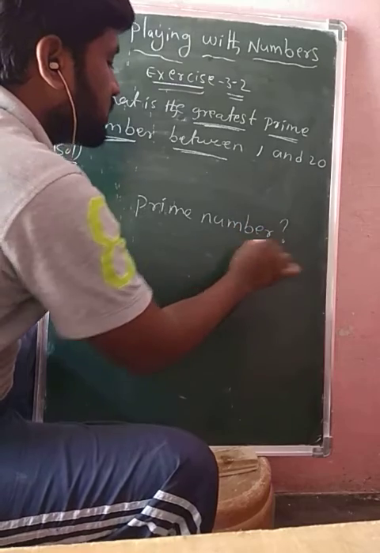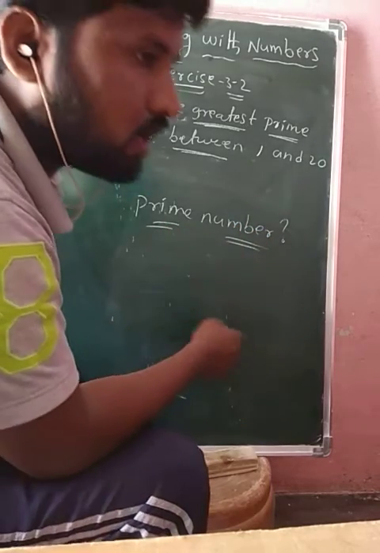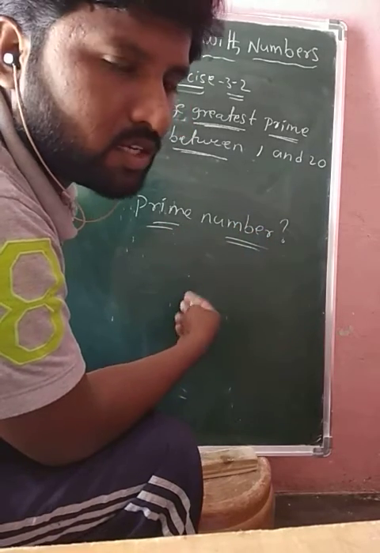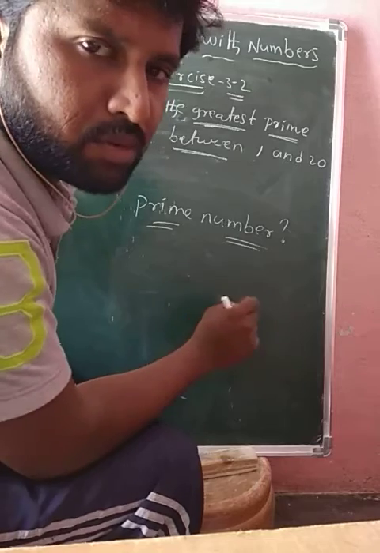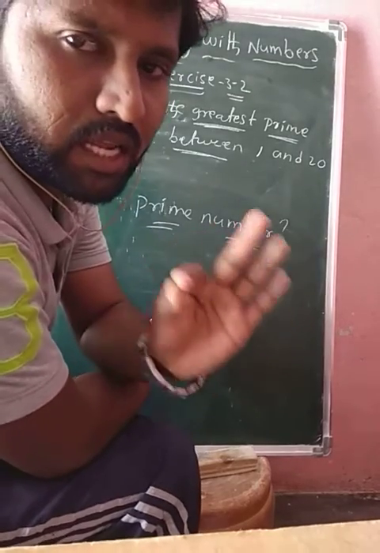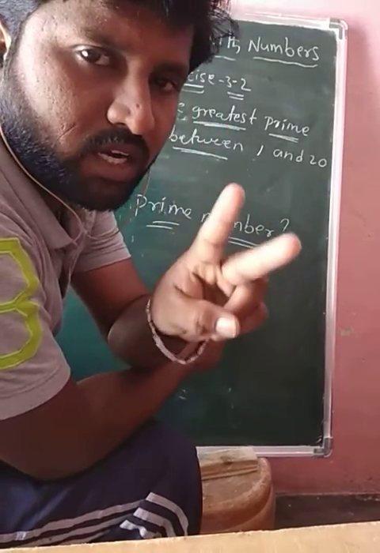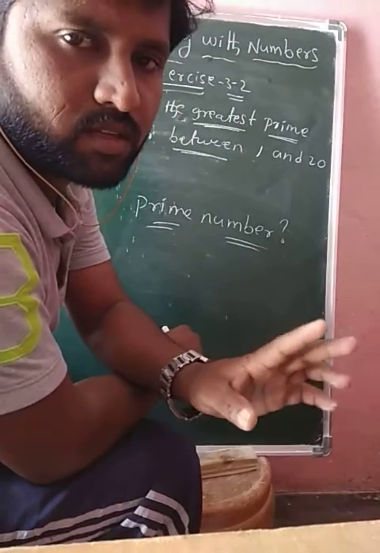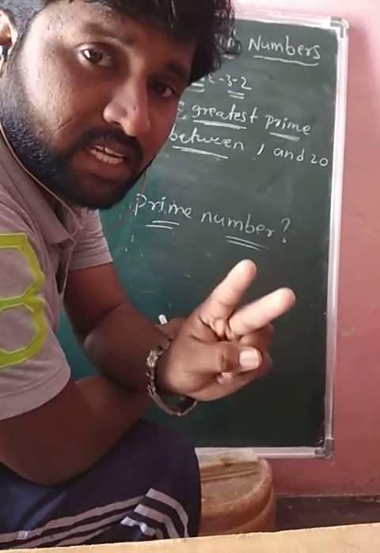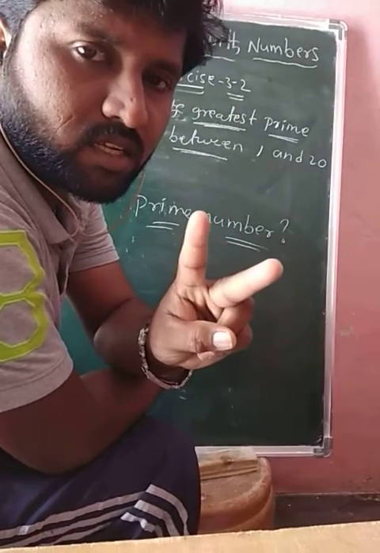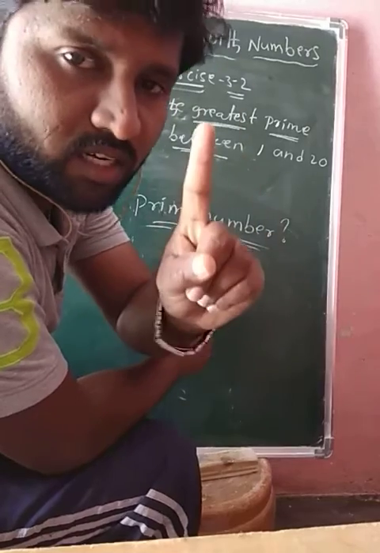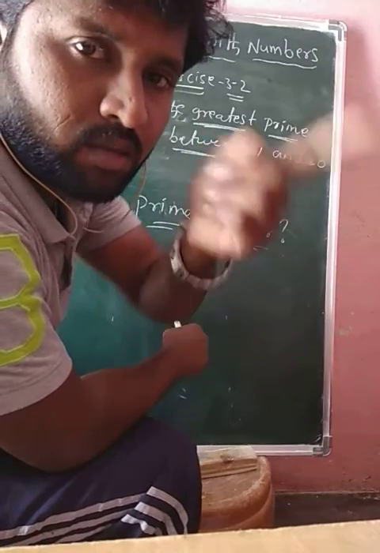We already completed this in the revision class. A prime number means a number having exactly two factors: 1 and the number itself.